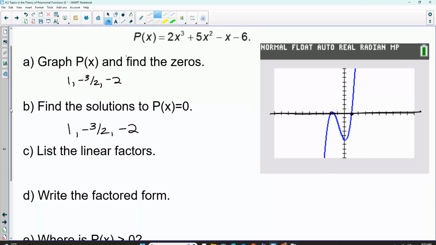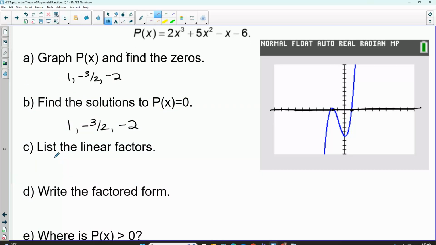List the linear factors. If 1 is a 0, what would my factor be? A factor has x with it. If 1 is a 0, it would have to have x minus 1. Then -3/2.